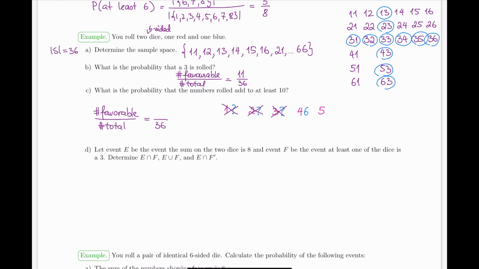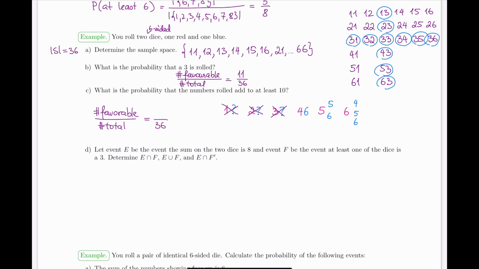So in this case, I have two possibilities, a 5 and a 6. Finally, if I roll a 6 on the red, what are the options for producing a sum that's at least 10? Here, I'm going to have three options. 4, 5, and 6 on the blue will give me a total sum of at least 10. So these are my options in this order.